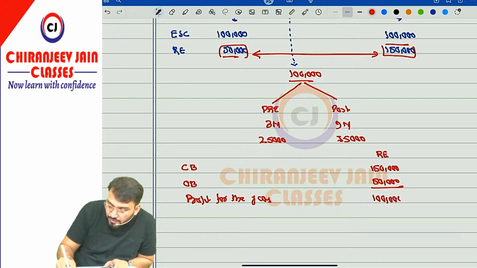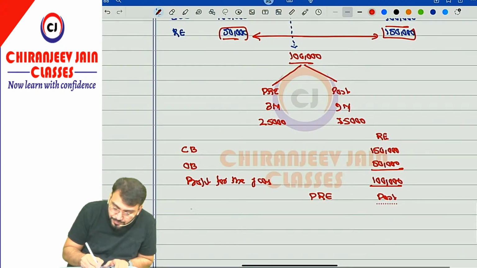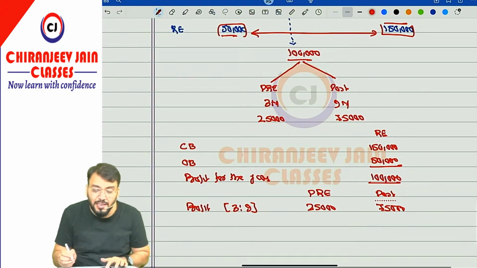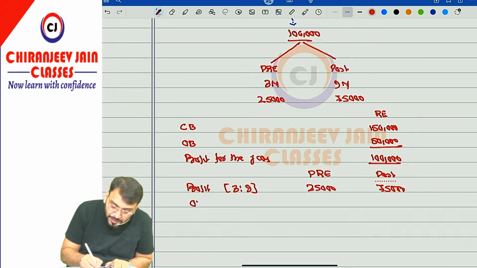Now this 1 lakh will be allocated to pre and post. We write down pre and post, and allocate the profit in 3:9 ratio, which will be 25,000 and 75,000. Correct? And in this, we should add the opening balance.